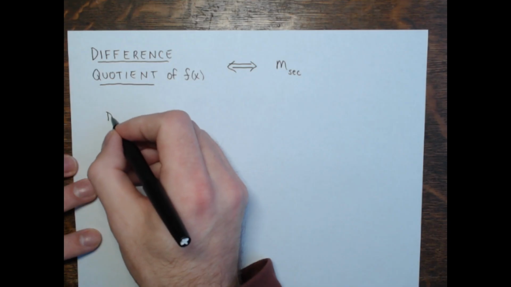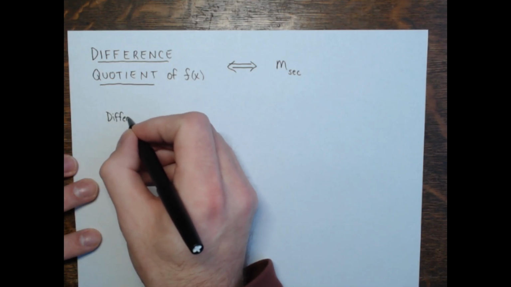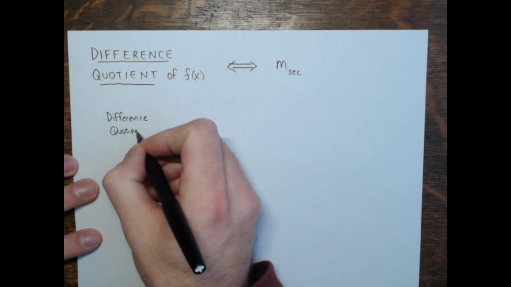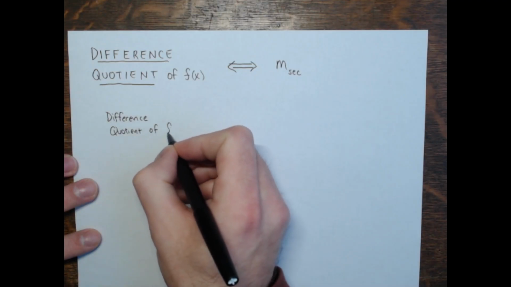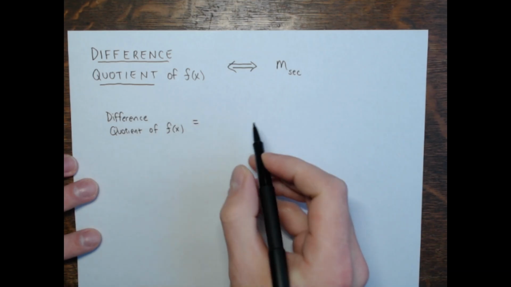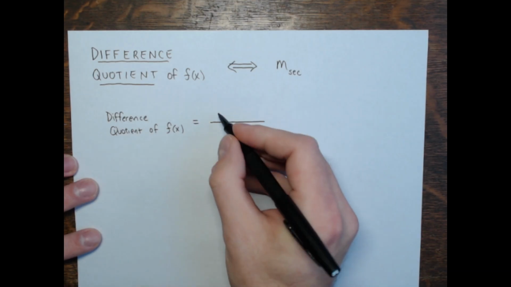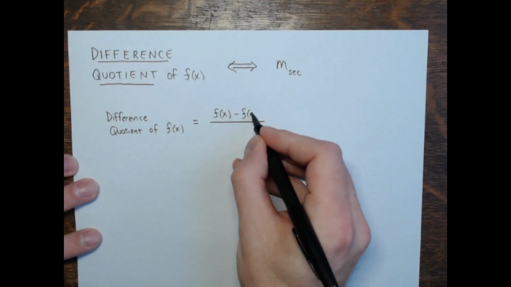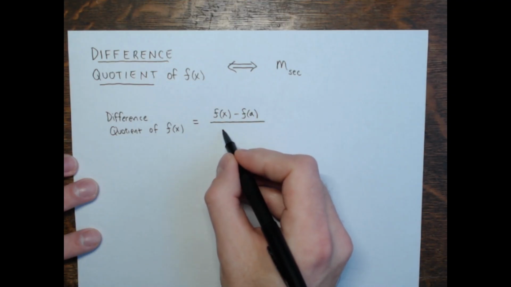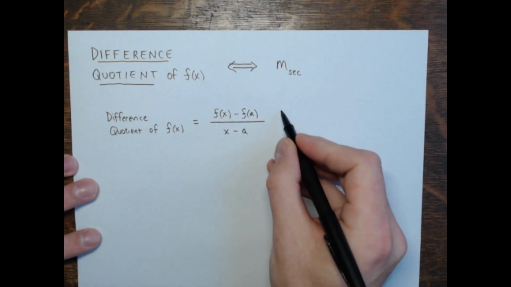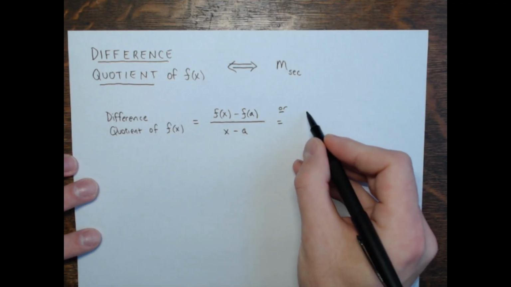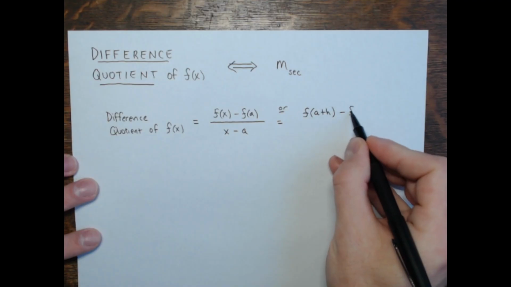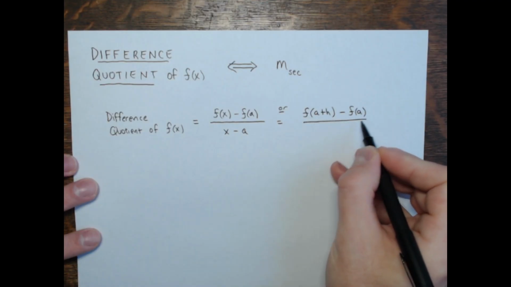So this difference quotient of some function can be expressed as either the value of f at some x minus the value of f at a, divided by x minus a, or the value of f at some a plus h minus the value of f at a, all divided by h, right?